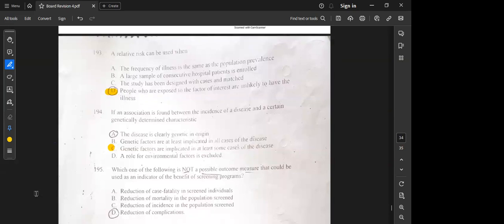Because what I know concerning the relative risk is the ratio of the incidence risk among an exposed group over the incidence risk among an unexposed group. So is that the same as prevalence then? Because that's what A is saying.